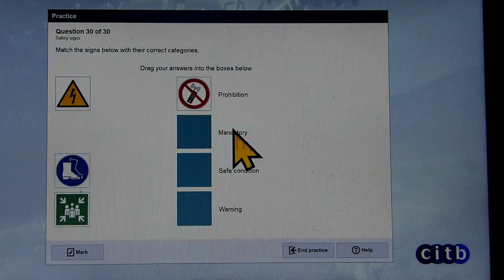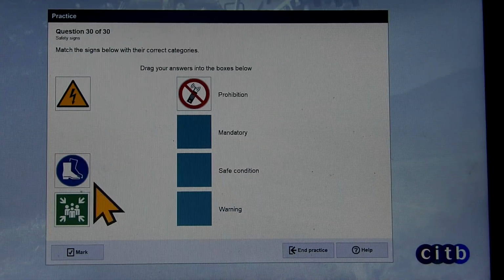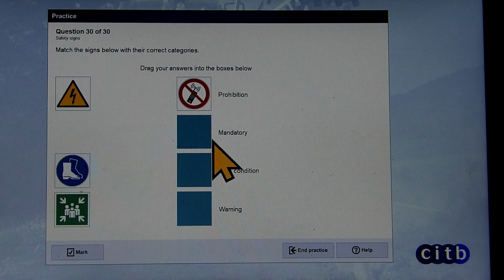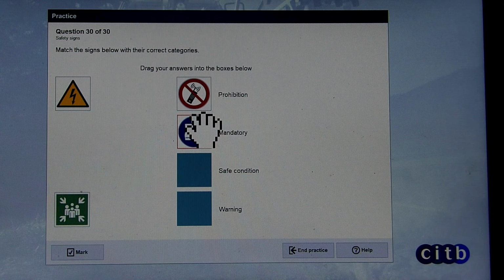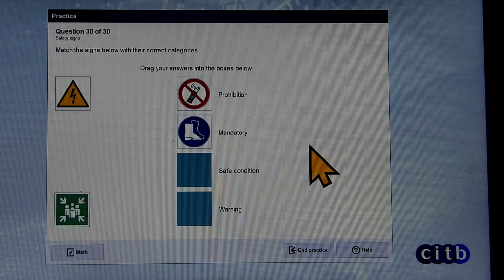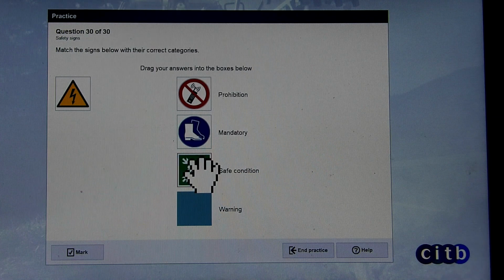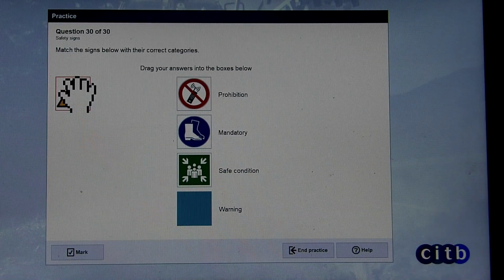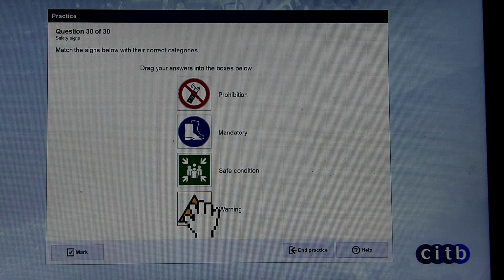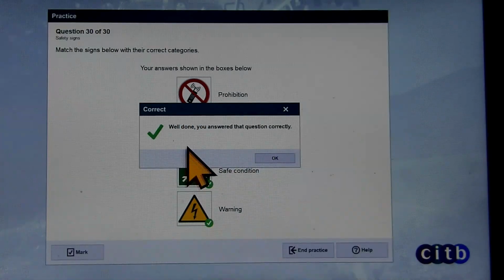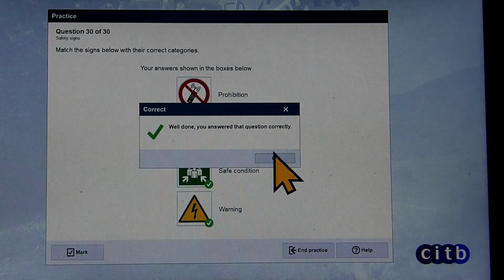Mandatory is always blue. Safe condition is always green. Warning is always yellow and triangular. Let's check. Well done. You answered that question correctly.